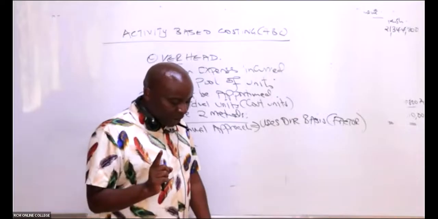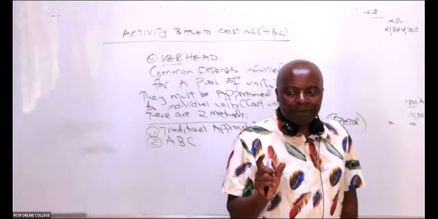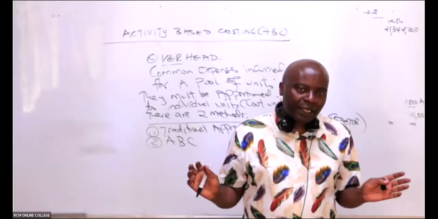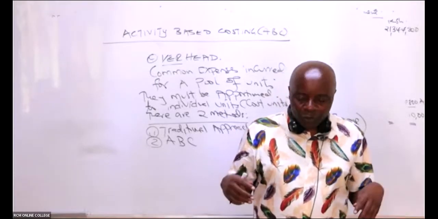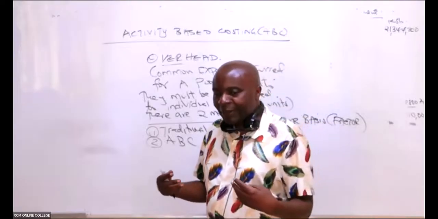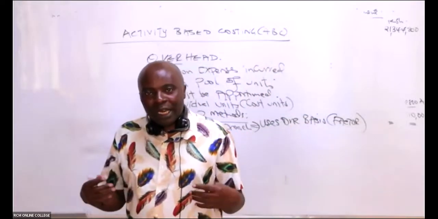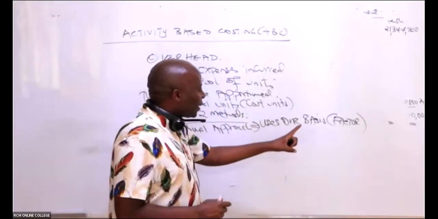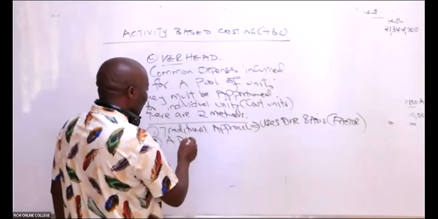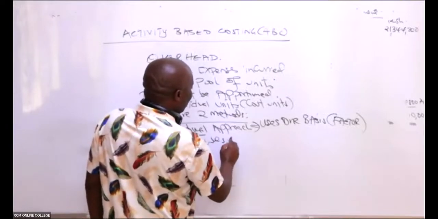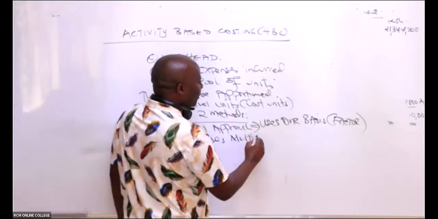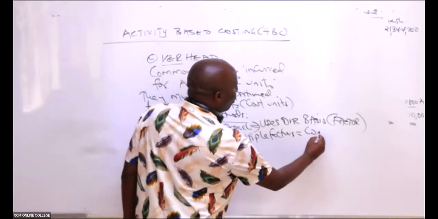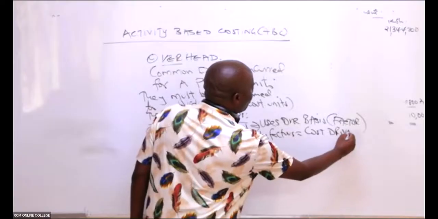So it assumes that the entire overhead item is being affected by labor hours, which is a lie. We could be having some overhead items which don't even relate to labor hours totally. So this one uses one factor, whereas ABC uses multiple factors, what we call cost drivers.